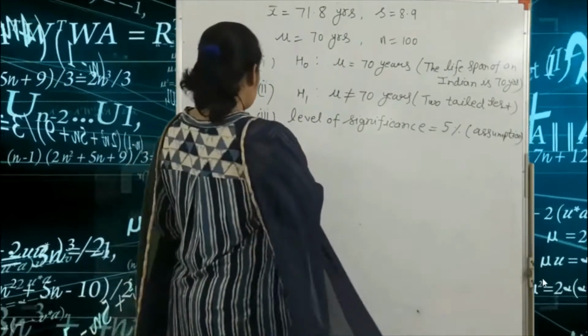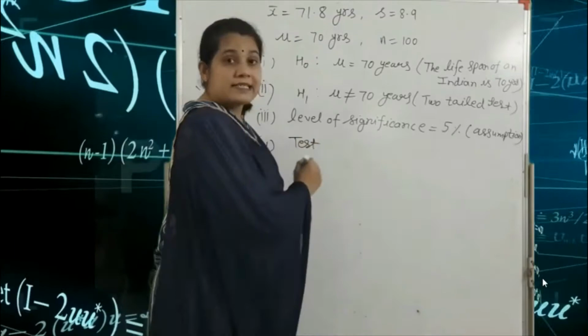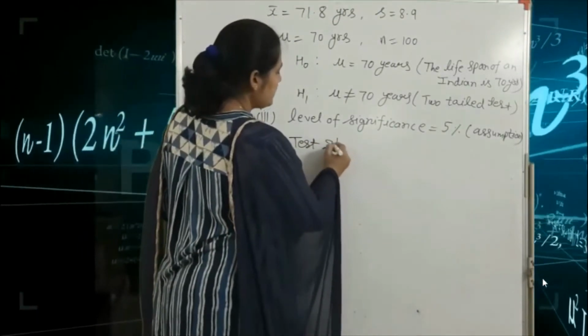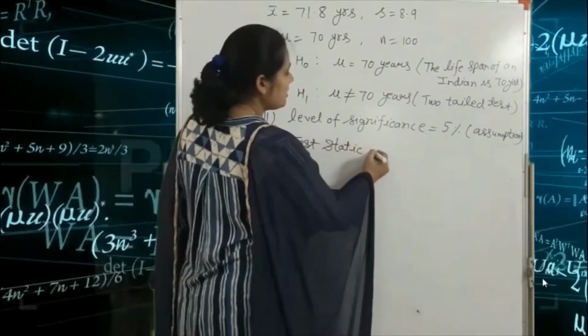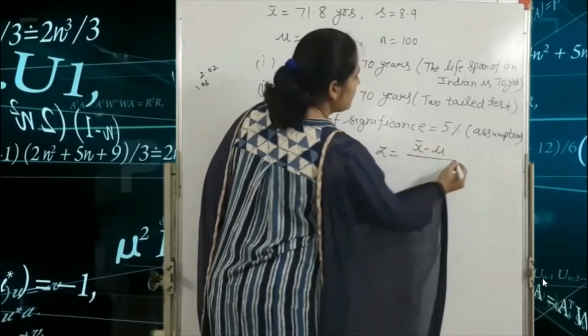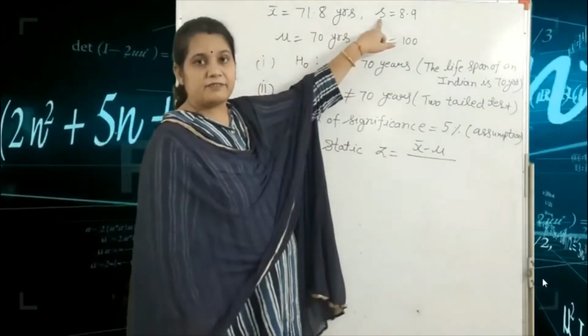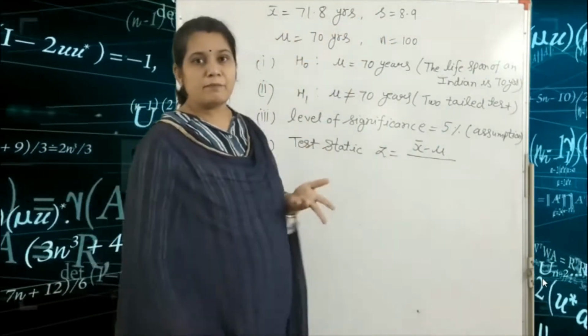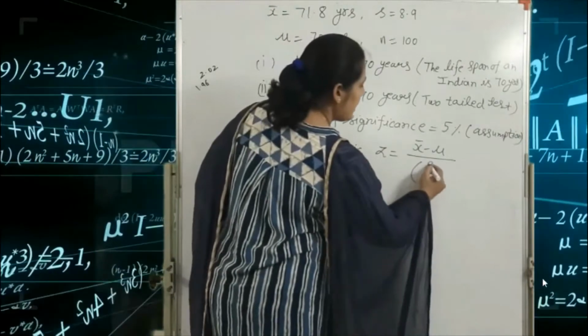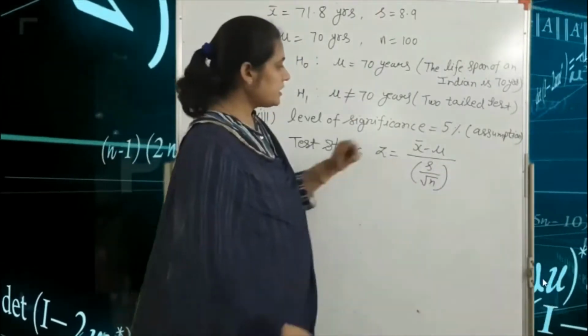Okay, so the fourth one is the test statistic. The formula is z is equal to x bar minus mu divided by... Here the standard deviation is given according to our sample form, so we write s upon root n. Okay, so put in the values.